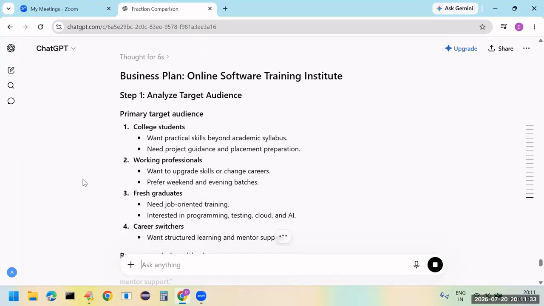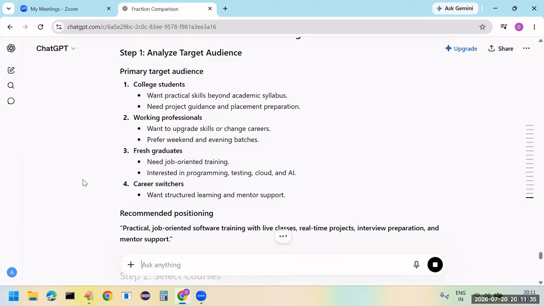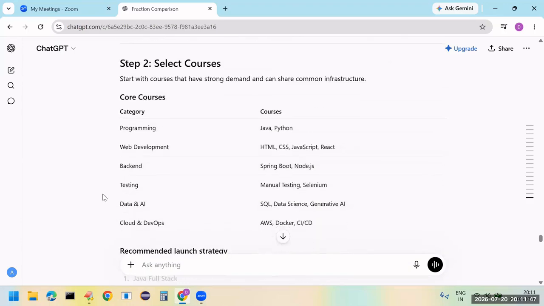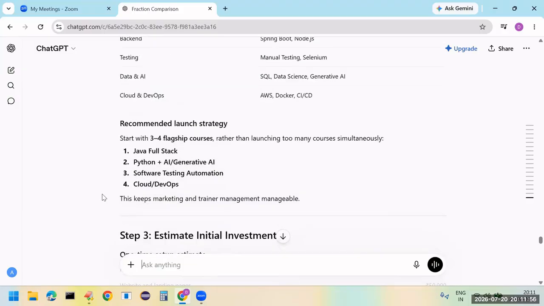Analyze the target audience. Primary target audience: college students, working professionals, fresh graduates, career switchers. Then select the courses: programming, web development, backend, testing, data and AI, cloud and DevOps.